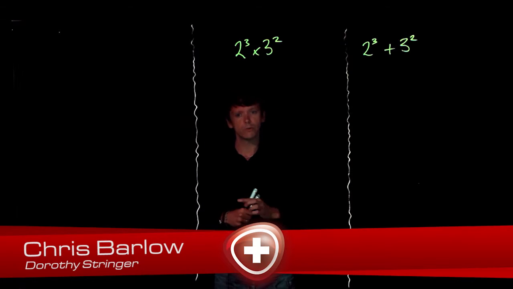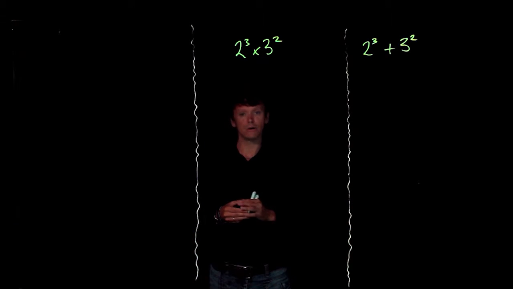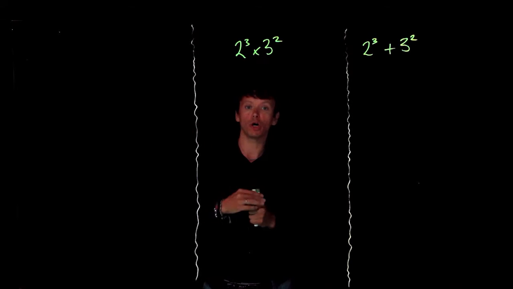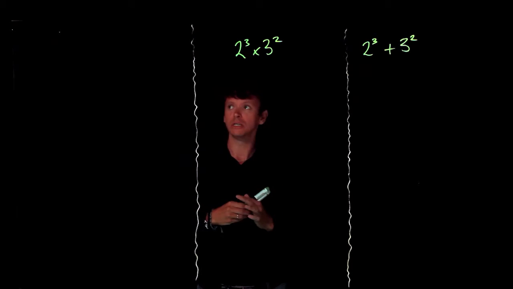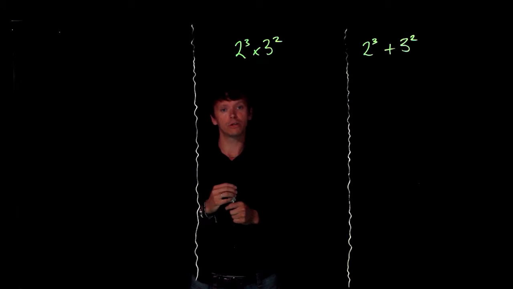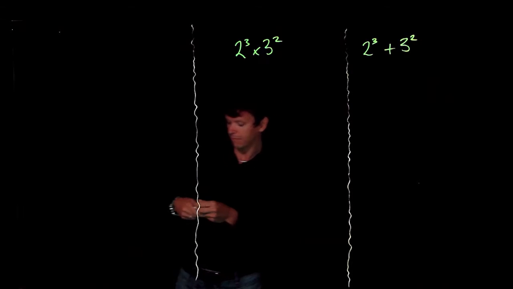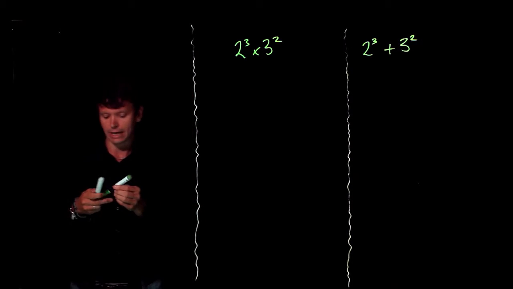Okay, so in a previous video we started to look at powers, otherwise known as indices, and we looked at the power of 2, or square numbers. We're going to extend that now and look at some higher powers, some higher indices, and just have a look at exactly what that means.